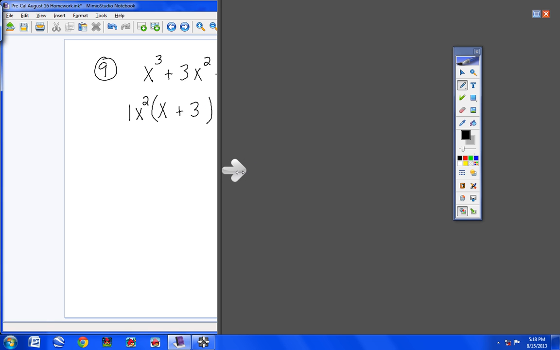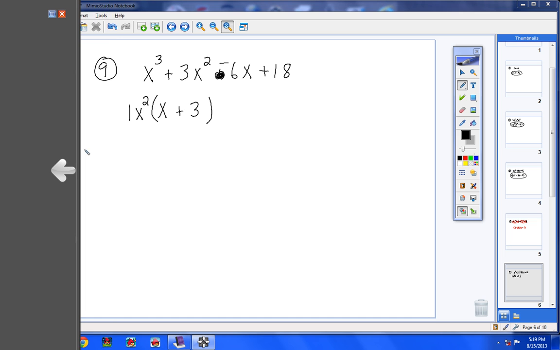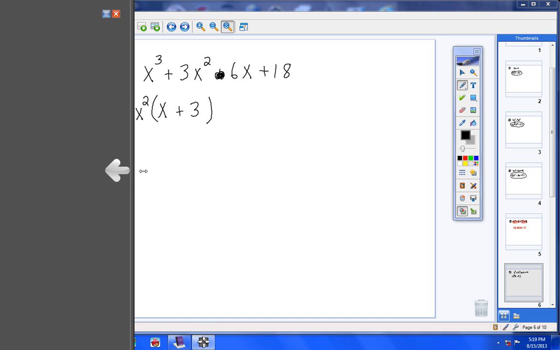All right, now let's continue on. Now let's take a look at the other two terms. Now remember, I told you if this is a negative sign right here, which I know it's not, then be sure and pull out a negative number. But in this case, it is not a negative sign.